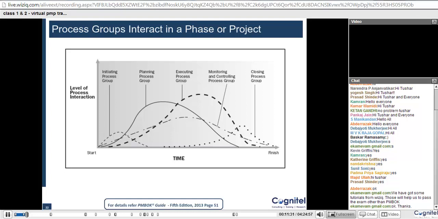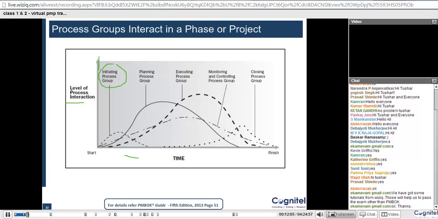This particular graph is talking about how the process groups interact in a phase or a project. On the y-axis, the left hand side, you would find the level of interaction, and this is the time on the x-axis. In the starting of the project, the most interactive process group is initiation, because that's the process group that you take up when the project starts.